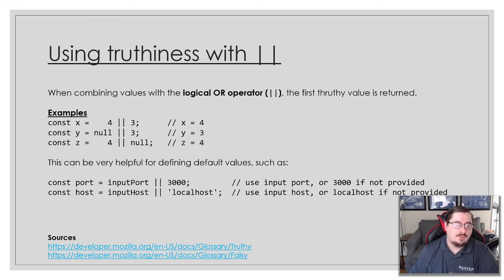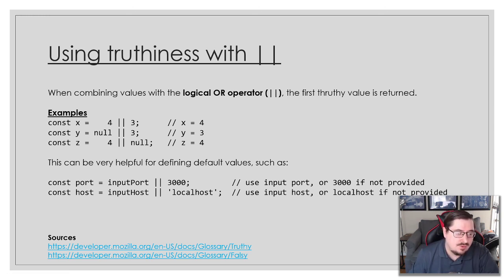Using this truthy or falsy, you can actually use this with both the logical or and the logical and operator, and it has some interesting behavior. The most useful one is the way that the or operator works in general. So with the or operator, if I say x is equal to 4 or 3, what I'll get is the first truthy value.